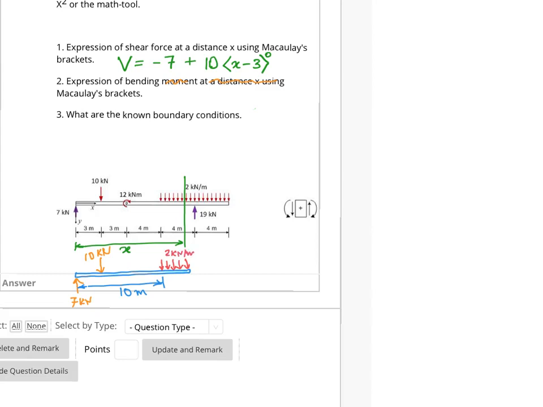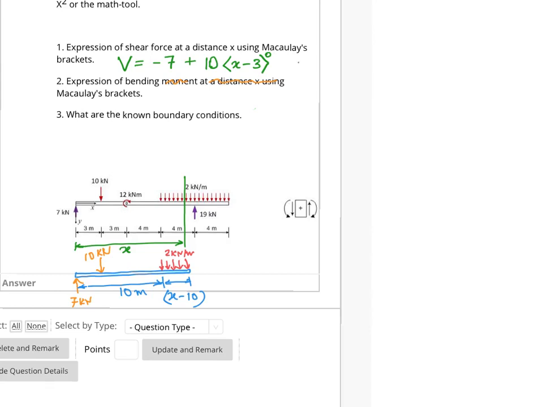This distance here is x minus 10. So what would be the total load? 2 times x minus 10. Now, instead of a normal bracket, we need to use a Macaulay bracket for x minus 10, because this value would only contribute to the shear force when x is greater than or equal to 10 meter.